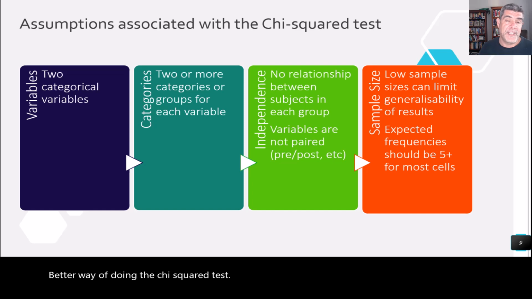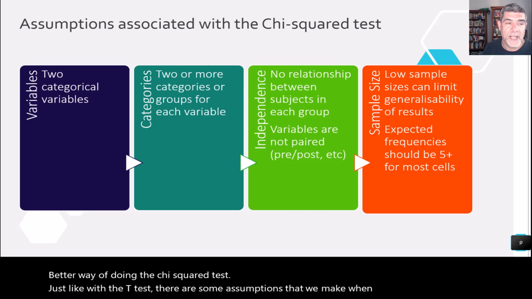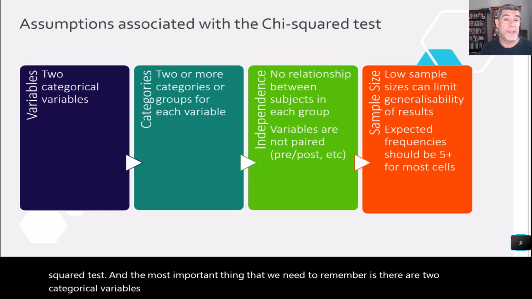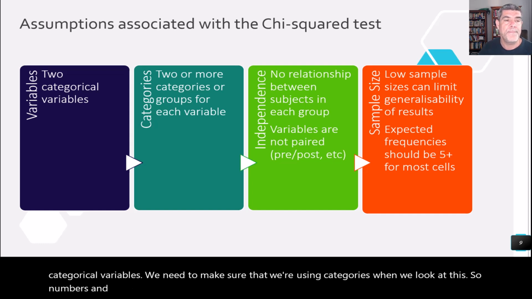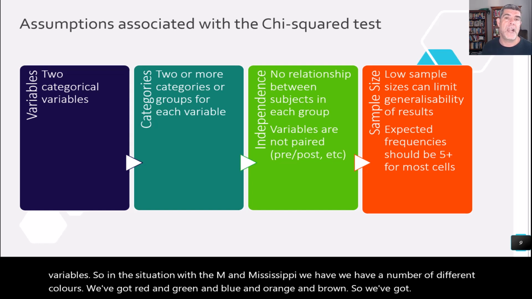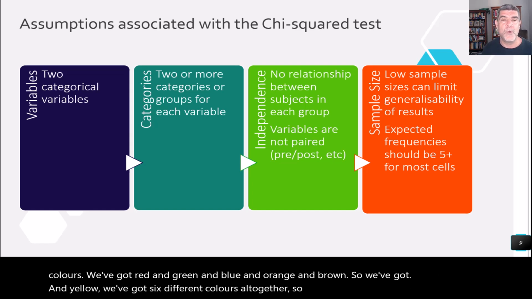Just like with the t-test, there are some assumptions that we make when we're using the chi-squared test. The most important thing that we need to remember is there are two categorical variables. We need to make sure that we're using categories when we look at this. So numbers and colors is fine. Two or more categories or groups for each of the variables. In the situation with the M&Ms, we have 6 different colors altogether, so that's definitely more than 2.